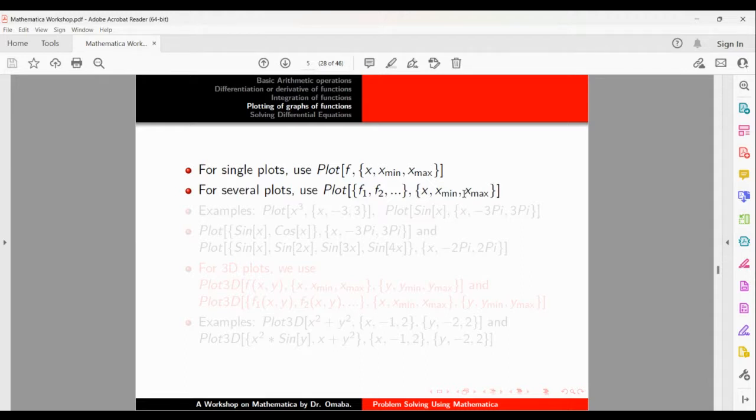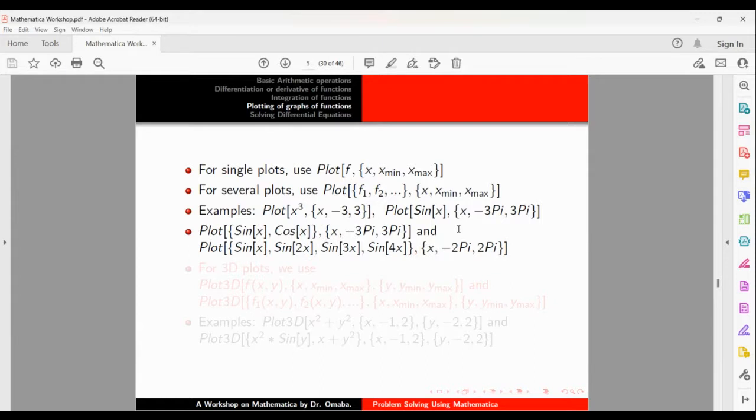The same way you specified x, you also use a comma and specify y. Suppose each one is a function of x and y, for example. So these are for single plots or several plots.